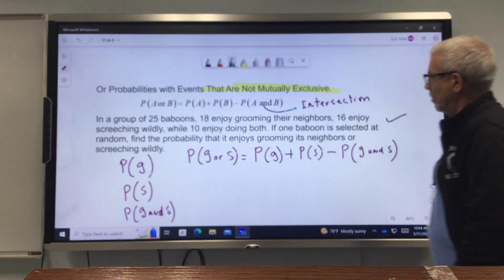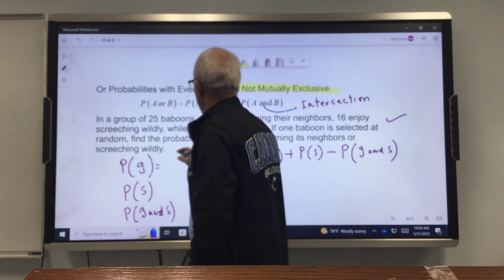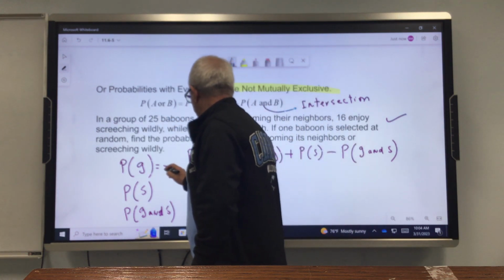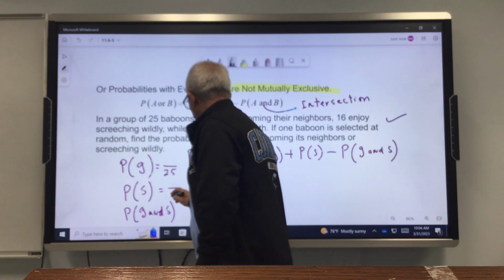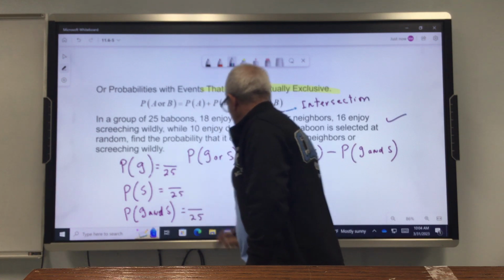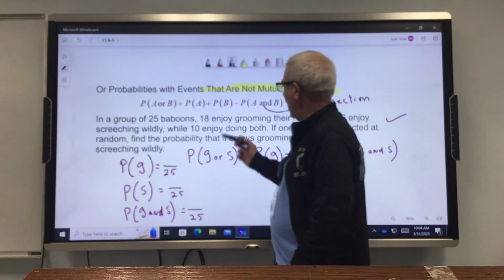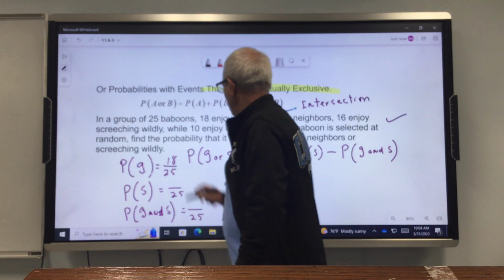Then what is P(G)? Okay, for all of them, my denominator will be the same. How many do we have in total? 25. Then for all 3 of them, my denominator will be 25. How many enjoy grooming? We have 18. That would be 18 over 25.